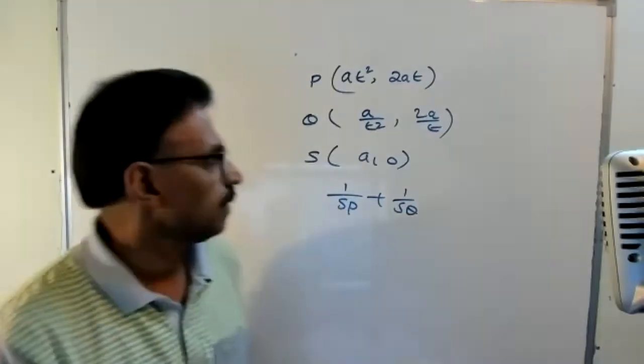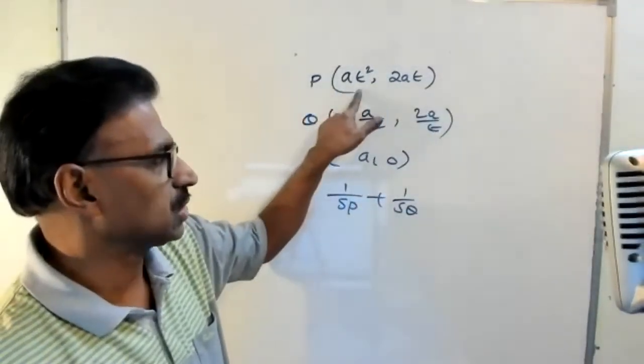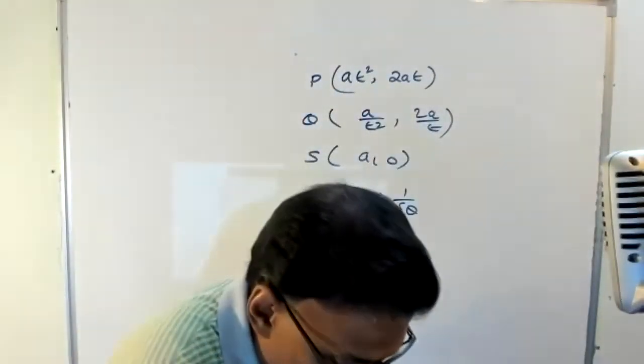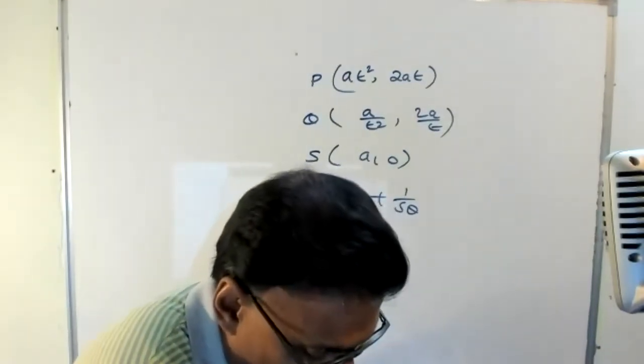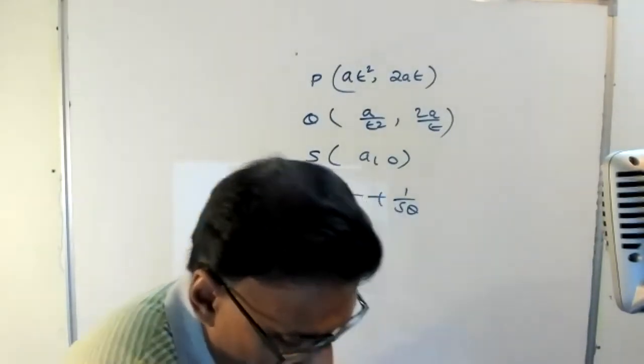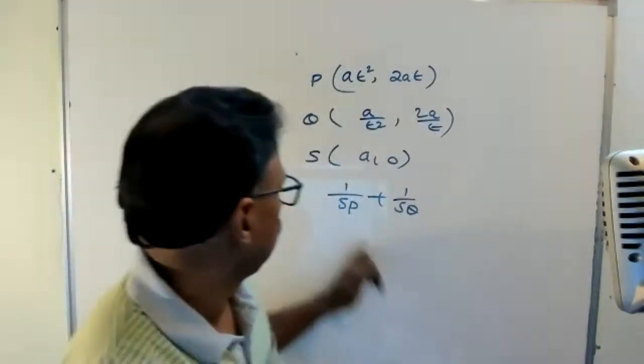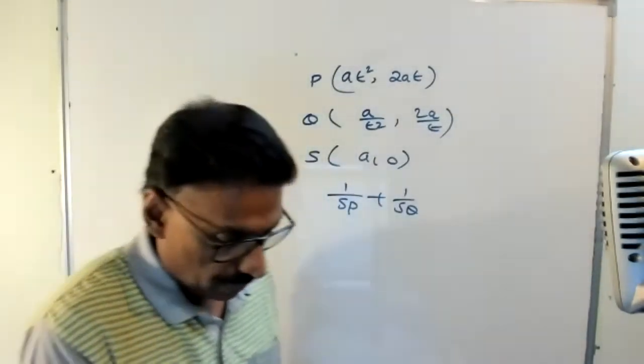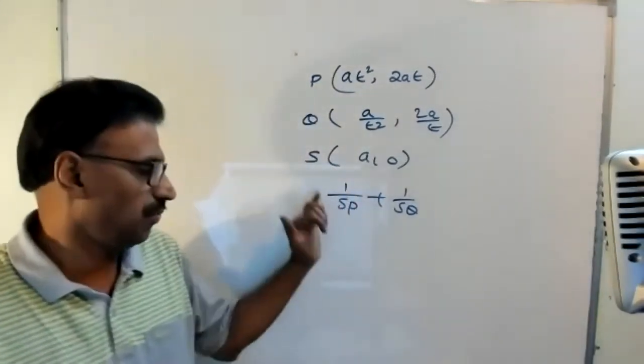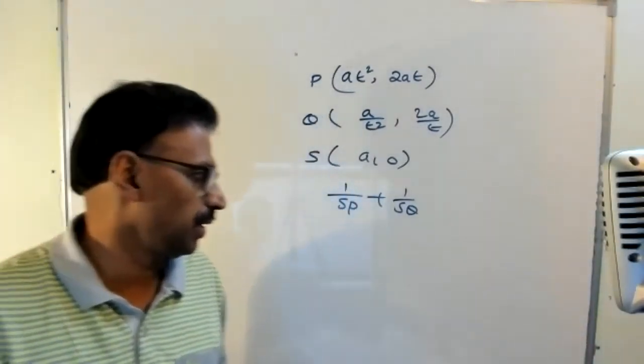Question clear? P is a t square comma 2at. Q is a by t square comma 2a by t. S is a comma 0. Then show that 1 by SP plus 1 by SQ is independent of t.